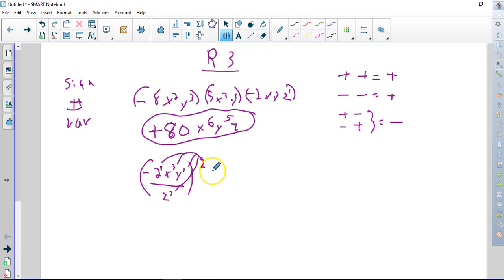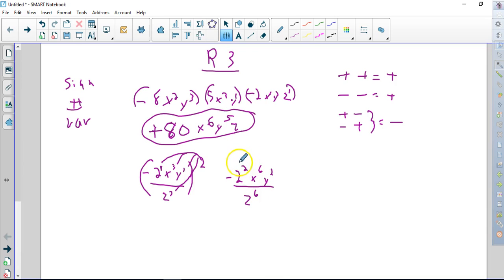Now, the rule on this is when you take a power to a power, you actually multiply the exponents. So what I get is negative 2 squared, x, 3 times 2 is 6, y, 1 times 2 is 2, over z, 3 times 2 is 6.